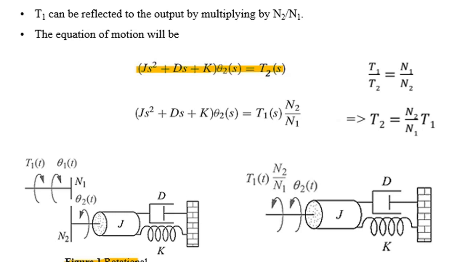Now torque T1 can be reflected to the output by multiplying by gear ratio N2 over N1. We know T1 over T2 is equal to N1 over N2, and rearranging to find T2, the output torque T2 in terms of T1 will be equal to N2 over N1 multiplied by T1. The system having reflected torque can be represented in T2, and its equation is also highlighted here.